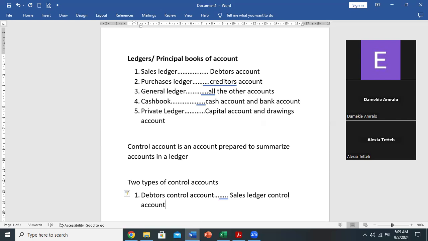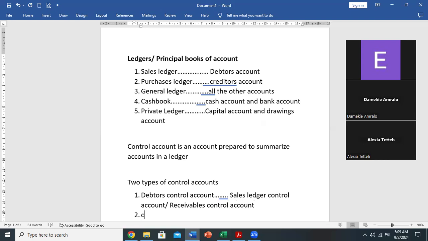So debtors control account, or you can refer to it as sales ledger control account, or sometimes receivables control account, because another name for debtors is receivables. So when you see receivables control account, we are referring to the debtors control account.